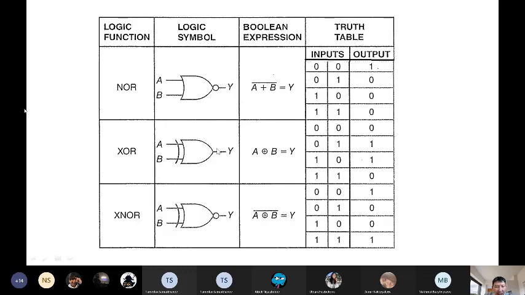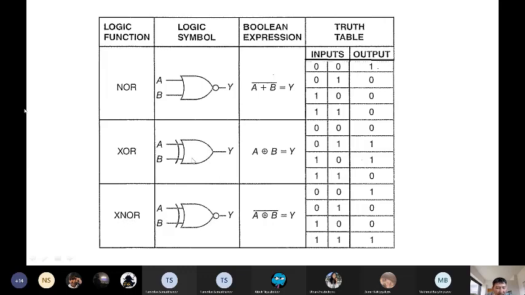Here you should understand that this logic looks not just at the inputs; of course it looks at the inputs, but it counts the high inputs, right? If the number of high inputs is odd, in this case it will give us output 1, high.